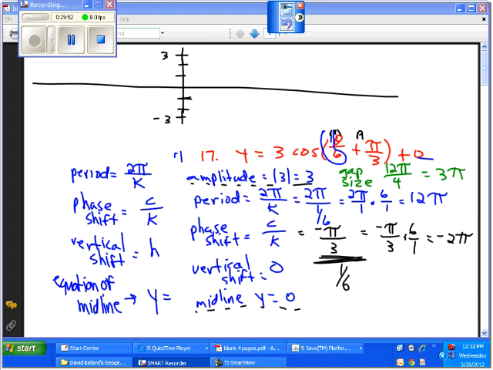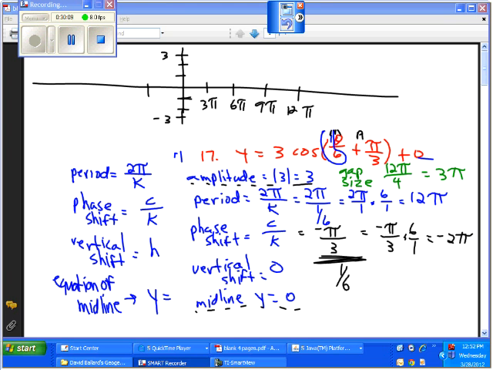We have a period of 12 pi. We're going to divide that into 4 sections. We're going to have 3 pi, 6 pi, 9 pi, and 12 pi.